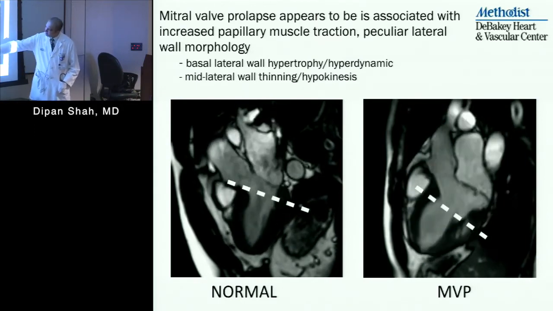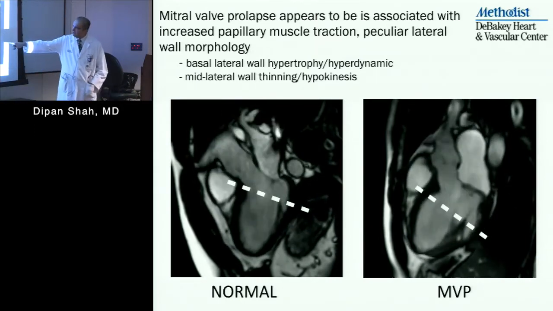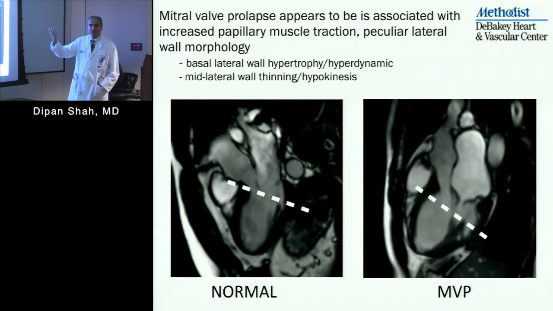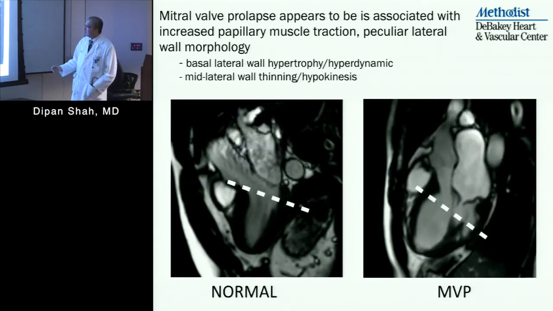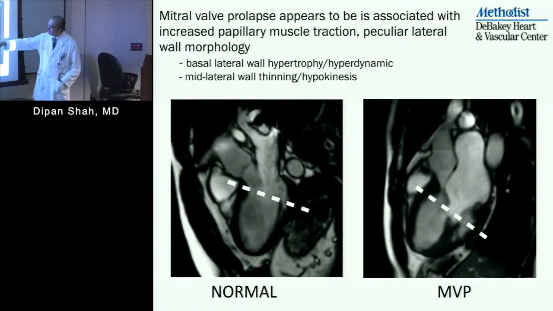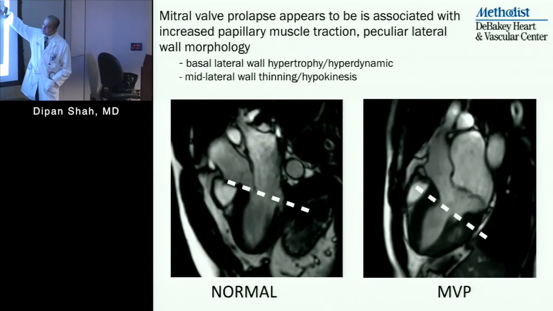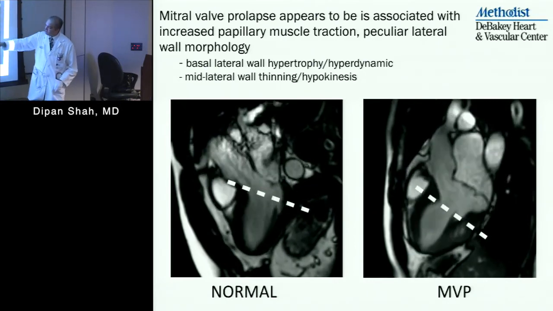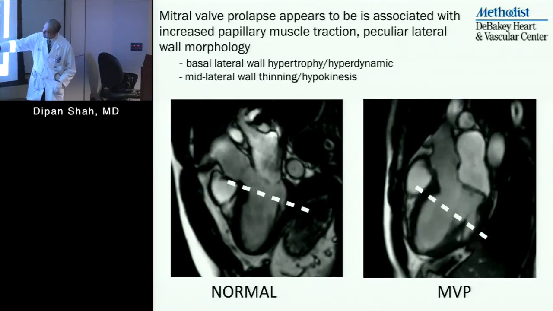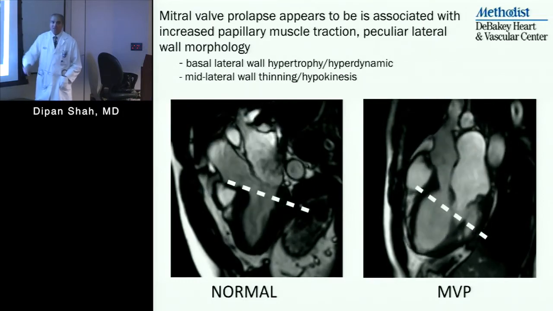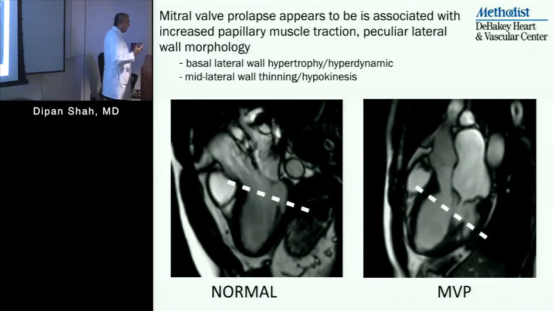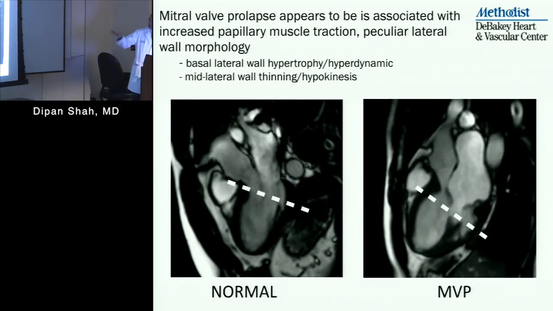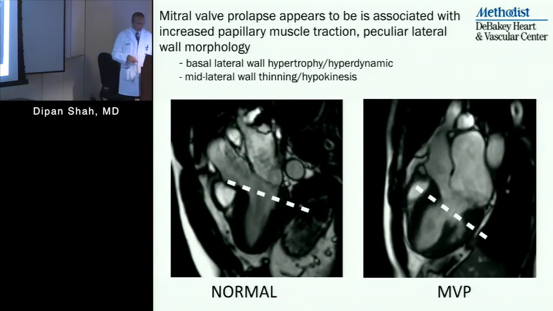And look at the papillary muscle, right? Whereas in a normal patient, what does the papillary muscle normally do? It actually descends down. In patients with mitral valve prolapse, on the other hand, this papillary muscle looks like it's being tugged or pulled up. So there's a large amount of stress or strain in this area right here. And so this may explain the mechanism by which we see fibrosis in this specific location.